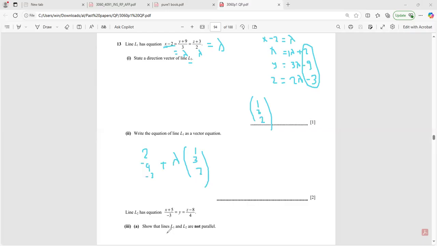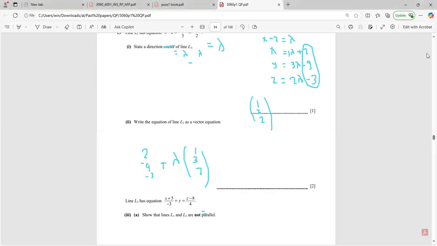I'm going to show this L1 and L2 are not parallel. L2 has an equation also. This equation is symmetrical. So if they are parallel, they must have the same proportion when you multiply it. Okay, let's see this.